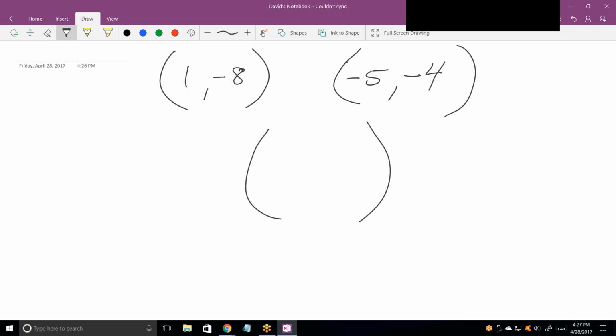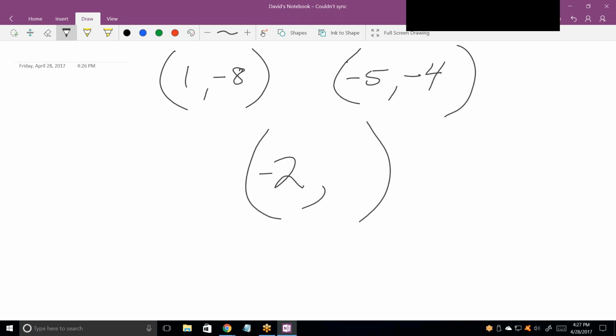So you add 1 and -5, which gives you -4. Then divide it by 2, and that gives you -2. And you can see that's the midpoint. That is 3 units away from 1, and 3 units away from -5.